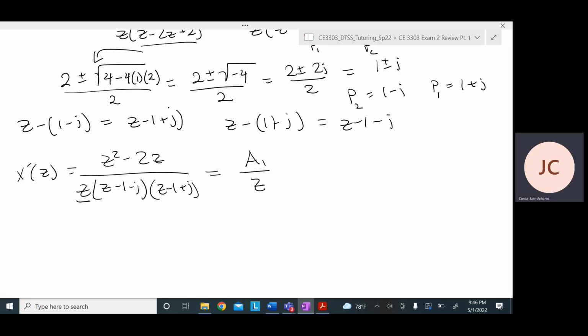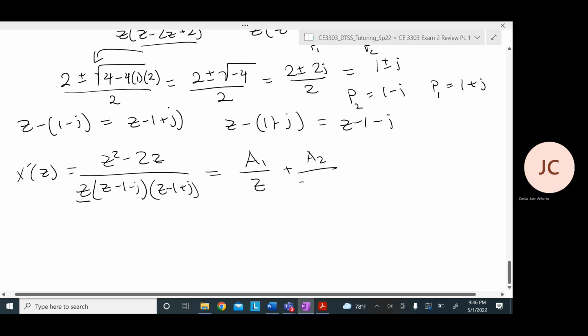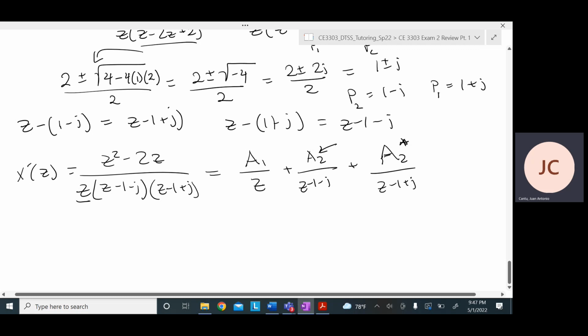So we'll have a1 over z, then a2 over z minus 1 minus j. And this is the thing to note: a3 is just the complex conjugate of a2. So once you find your a2, you've got your a3.